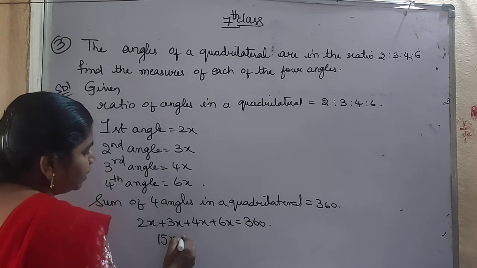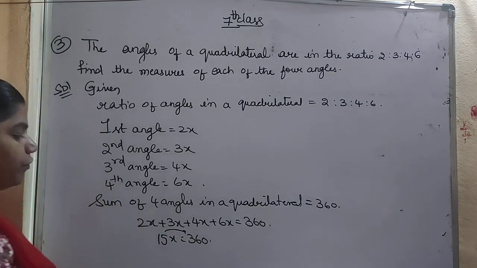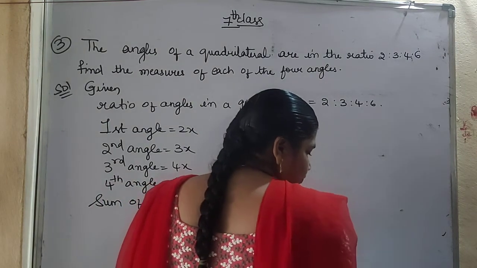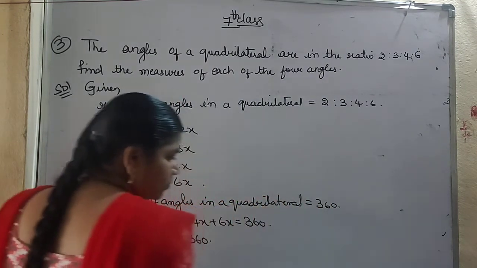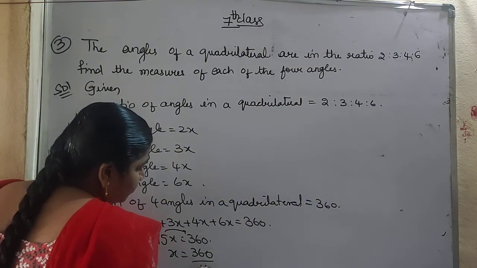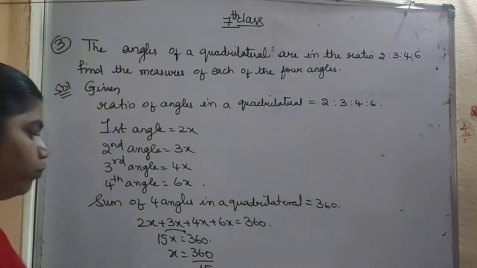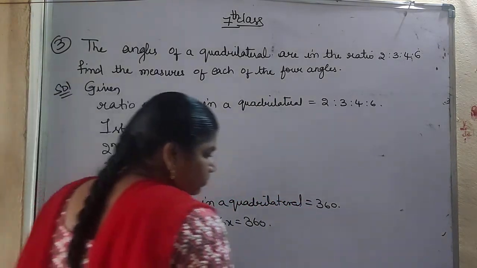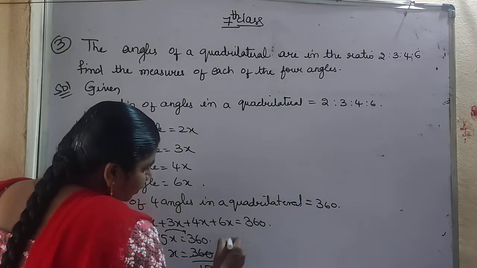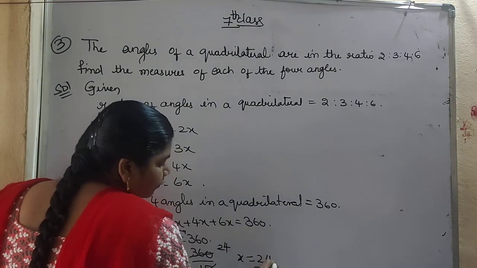That is 15x is equal to 360. Transposing the 15 to the other side, it becomes division. x will be equal to 360 by 15. So 360 by 15 is 24, since 15 times 24 gives 360. We got the x value as 24 degrees.